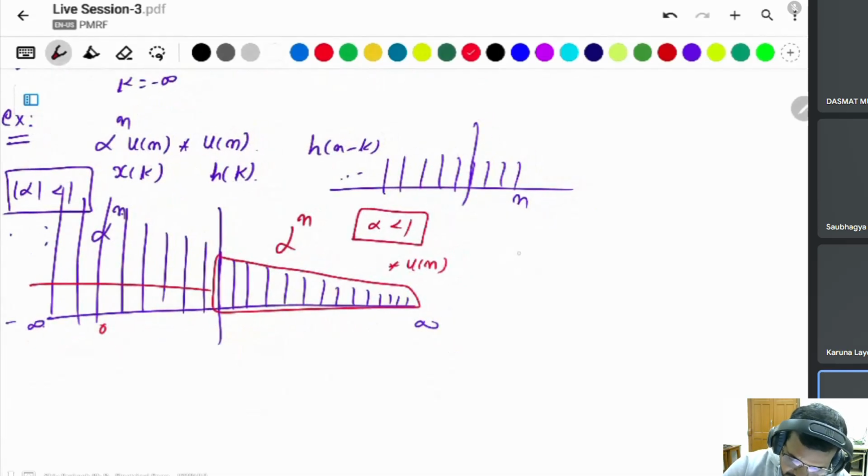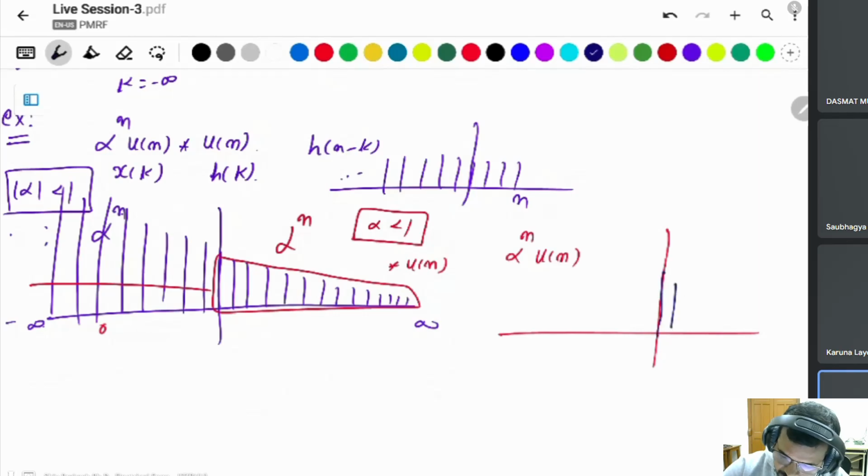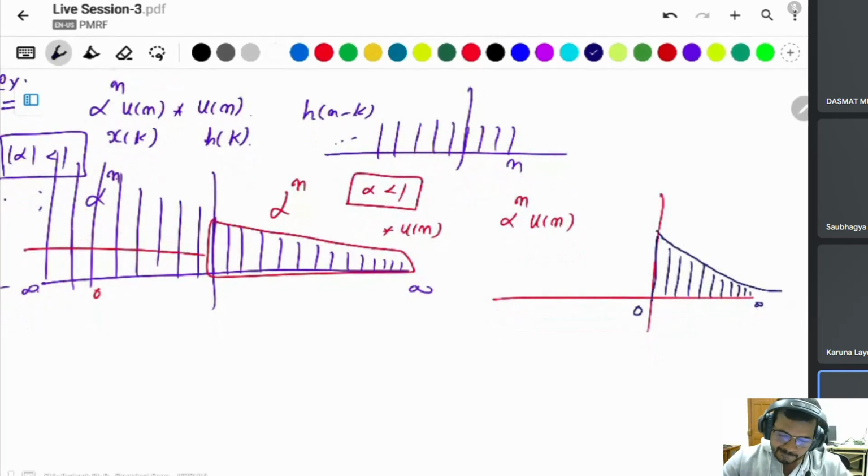Then you can say alpha power n un is equal to this one. Okay, it looks like that. Convolution of this one, same thing, case 1: n less than 0, the convolution will be 0 because there is no overlap.